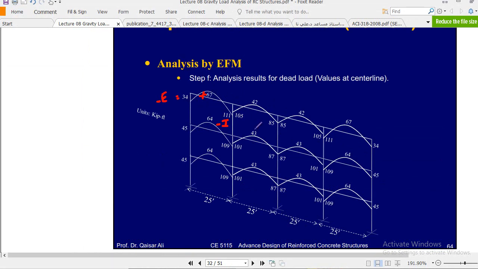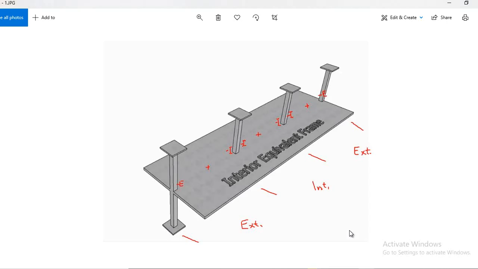In the DDM method, we find M naught, that is the static moment, and then we distribute that static moment longitudinally by 0.65 and 0.35 coefficients. Let me show you.